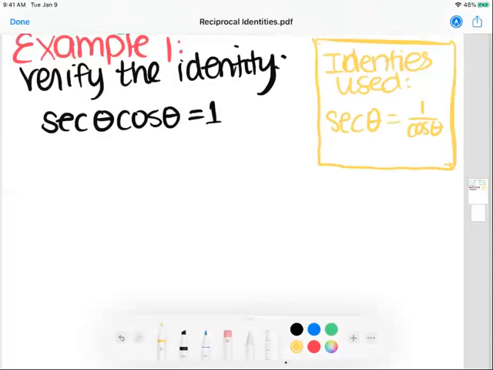Now, you may have a different idea because cosine of theta is 1 over secant of theta. So it's really important to know that there's not one unique way to verify identities. There are many ways, especially as we're going to learn a lot more identities. For this one, I would just say there's 2 based on what we know so far.